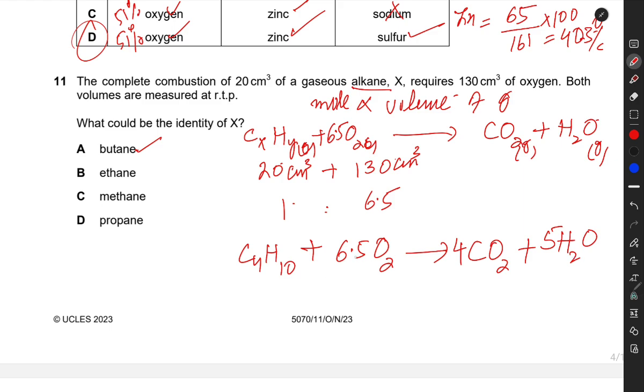If we multiply 6.5 by 2, this is equal to 13 oxygen atoms over here and 13 oxygen atoms over here. So in this way, this is the balanced chemical equation. So this is butane. The best option is butane. Next options you can calculate like this.